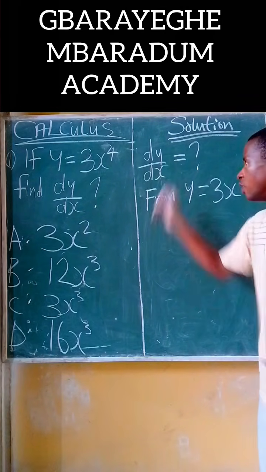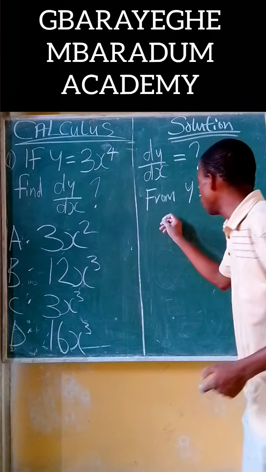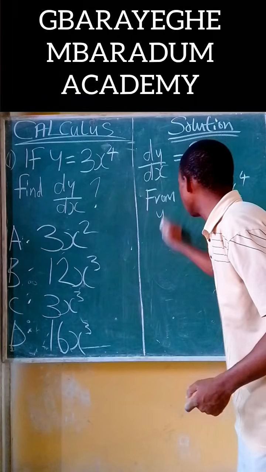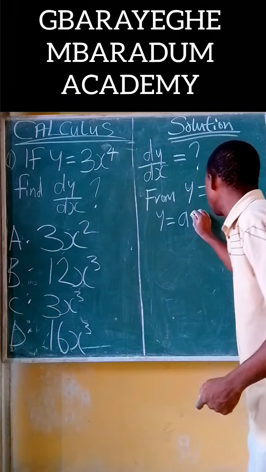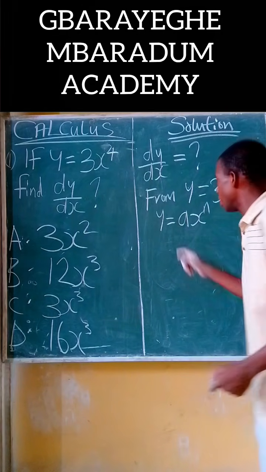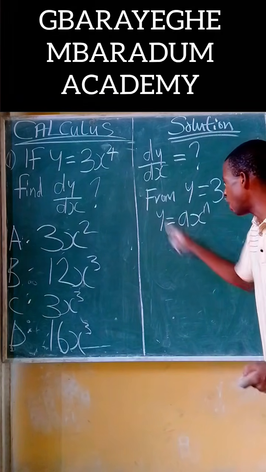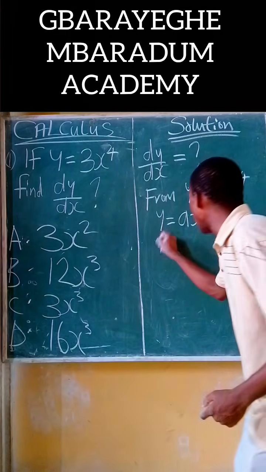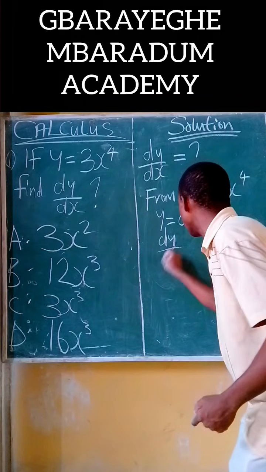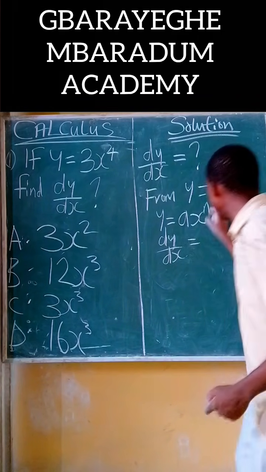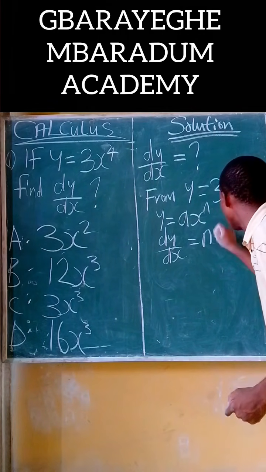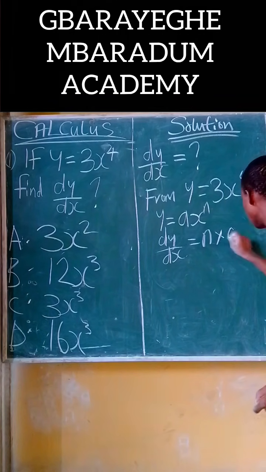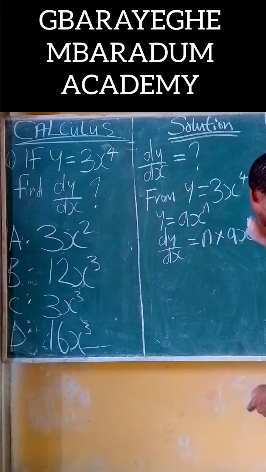By the formula of finding dy over dx, if you have a function y equals x raised to the power of n, then from the general formula of the power rule, dy over dx is equal to n multiplied by x raised to the power of n minus 1. We multiply the entire function by the power n, then subtract 1 from that same n.